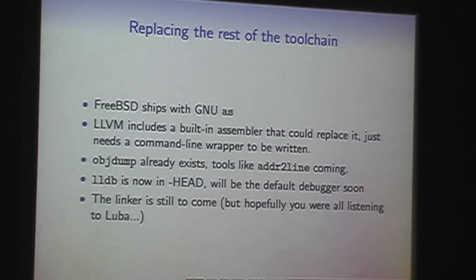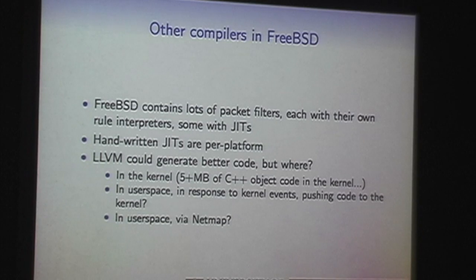LLDB, which is the LLVM debugger, also understands DWARF 4 and has some quite nice features. It's also a set of libraries, so it's easy to integrate in IDEs and things. And it's in head now. We'll probably ship it in 10.1, but as an optional thing, and by 11 it should be the default debugger.